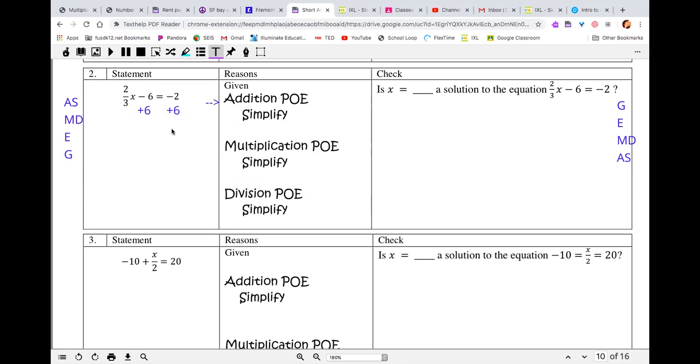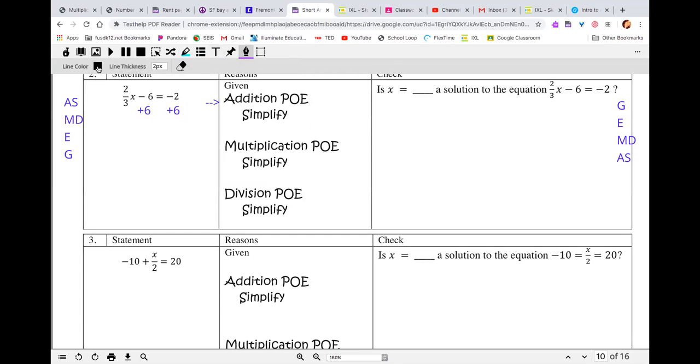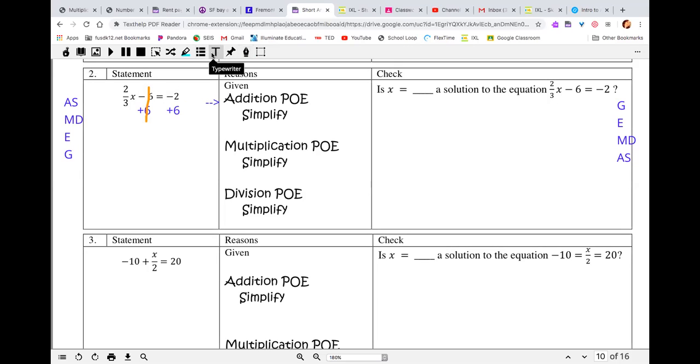Okay, lined it up, added 6 to both sides. Now I can cancel out. Rewrite the problem.